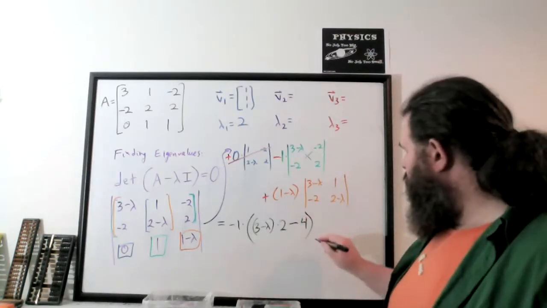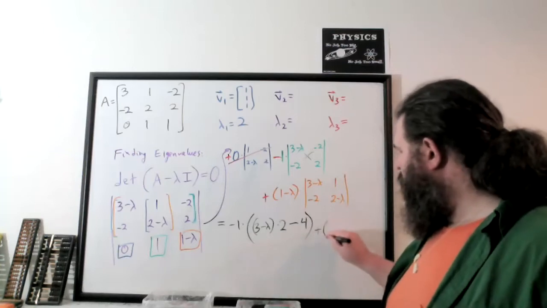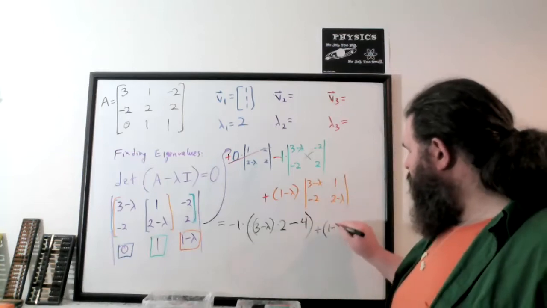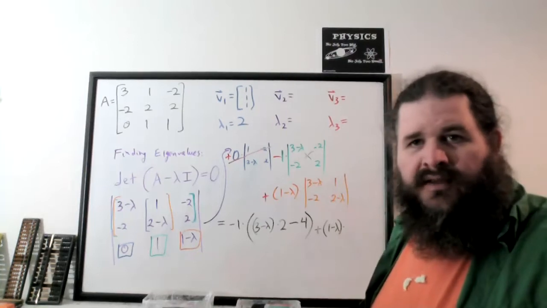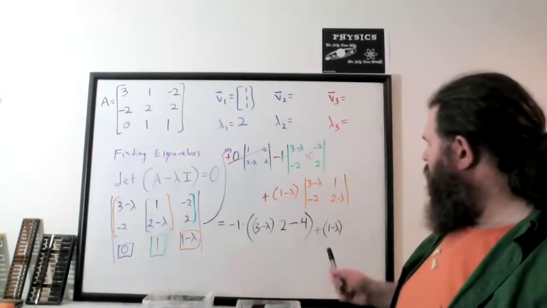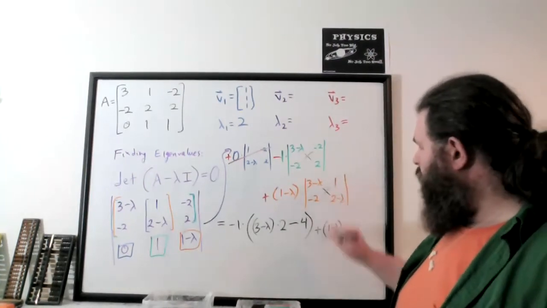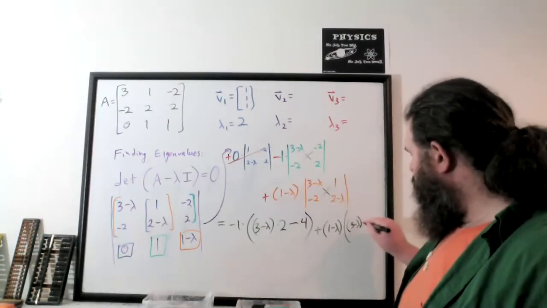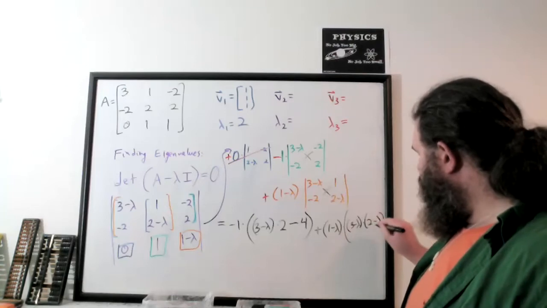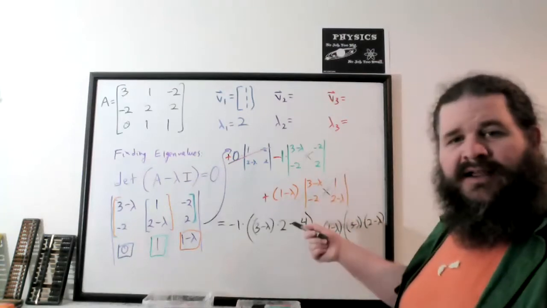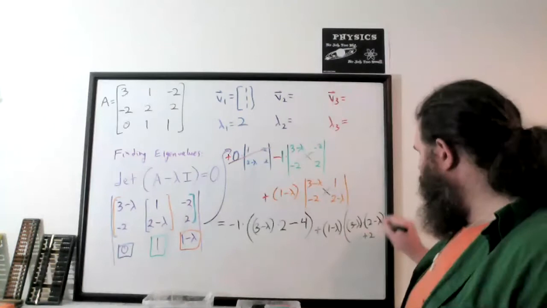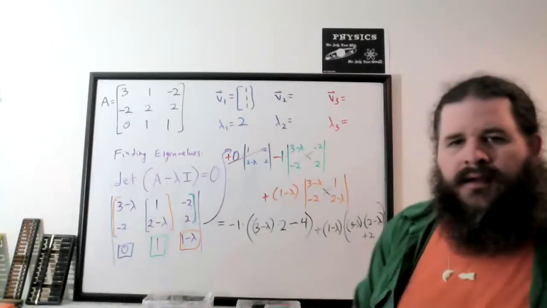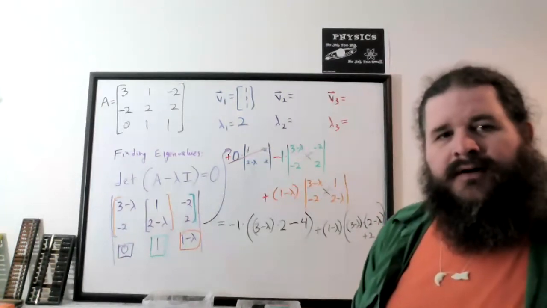And then plus 1 minus lambda times, and then what's left? Again, we can multiply across the diagonal: 3 minus lambda times 2 minus lambda minus 1 times -2, which is, in other words, going to be +2. Any questions on that setup so far?